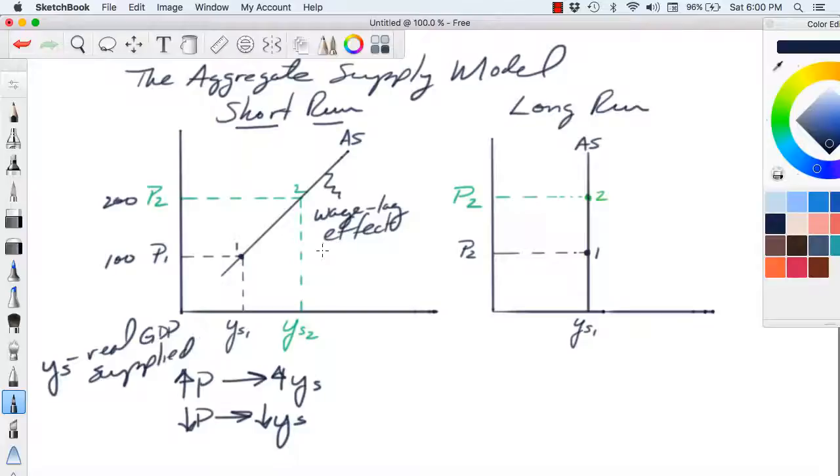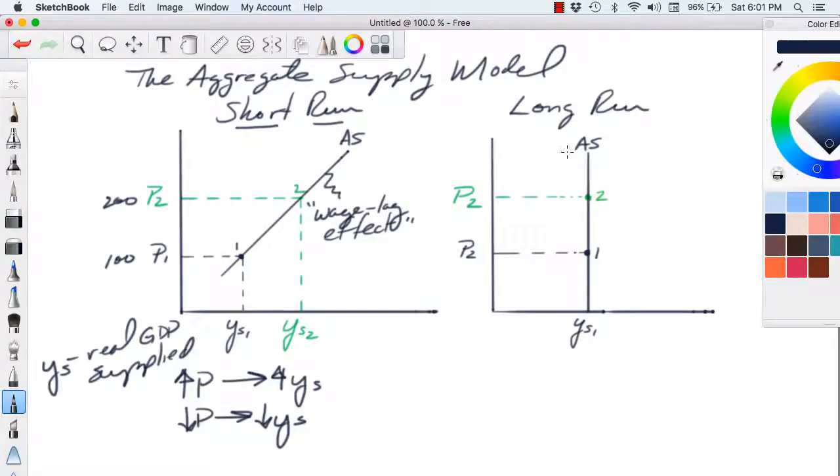The producer has trouble interpreting general price level changes from relative price level changes, and I'll explain that a little later. But just make a note that the upward sloping aggregate supply curve assumes that there is something called a wage lag effect.